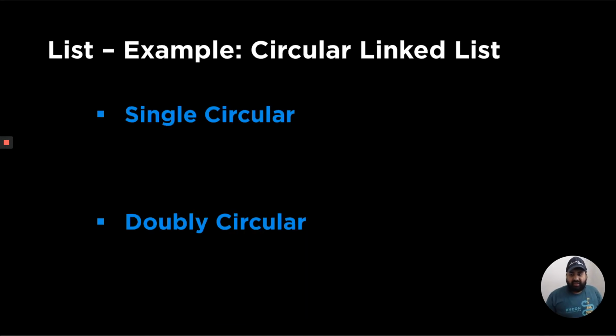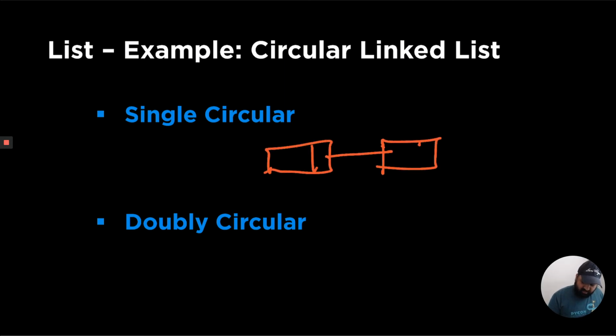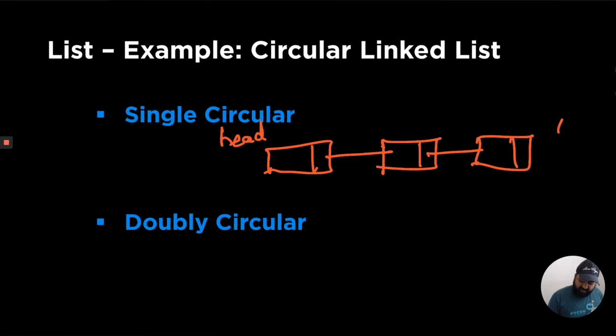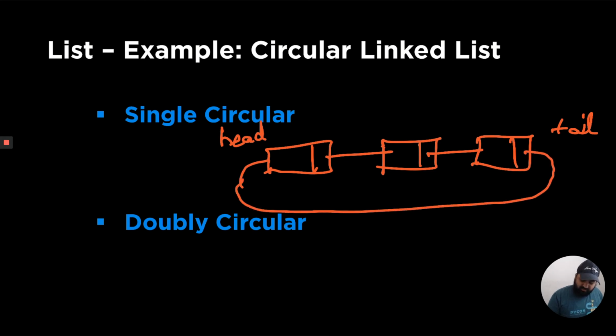So another type of linked list that is found is the circular linked list. We are not going to go into depth for these, but how it works is, instead of head and tail, the last node has a pointer that points to the first node. So it's kind of circular. And when we are talking about doubly circular, we basically have two arrows instead of one.